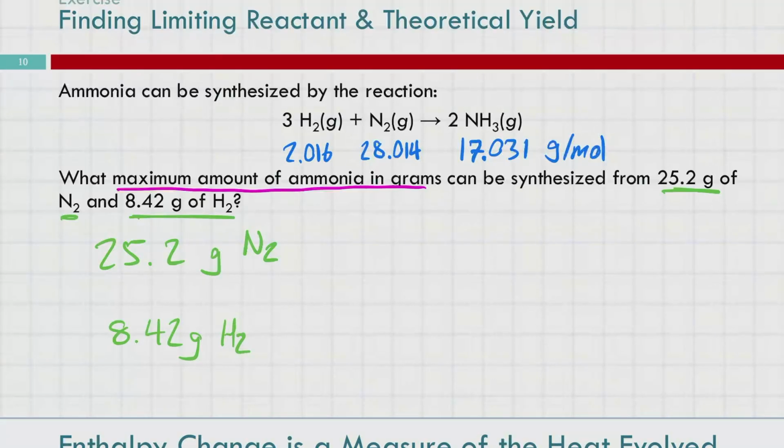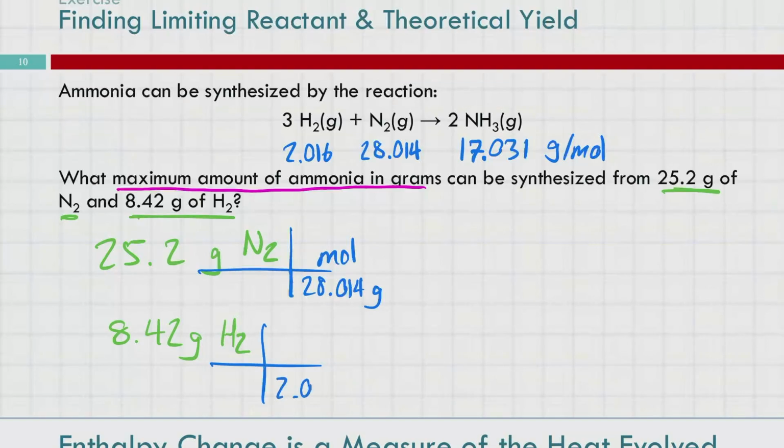We need to convert these to moles. So we can divide each of these by their respective molar masses. That'll turn grams into moles. And with moles, we can do ratio.